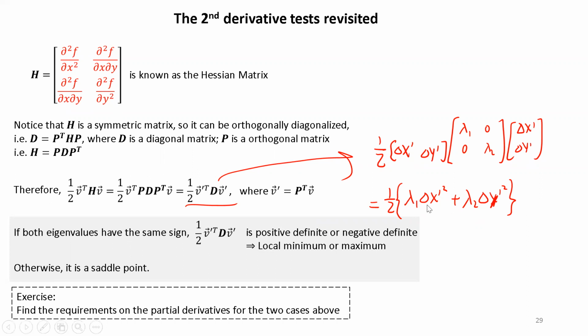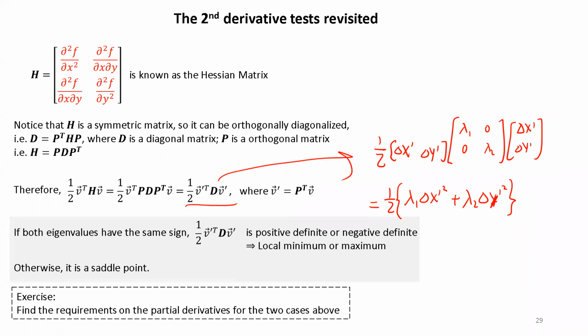And finally, if one lambda is positive and the other lambda is negative, then it is possible for you to select the appropriate values of delta x and delta y such that the whole thing will become either positive or negative.